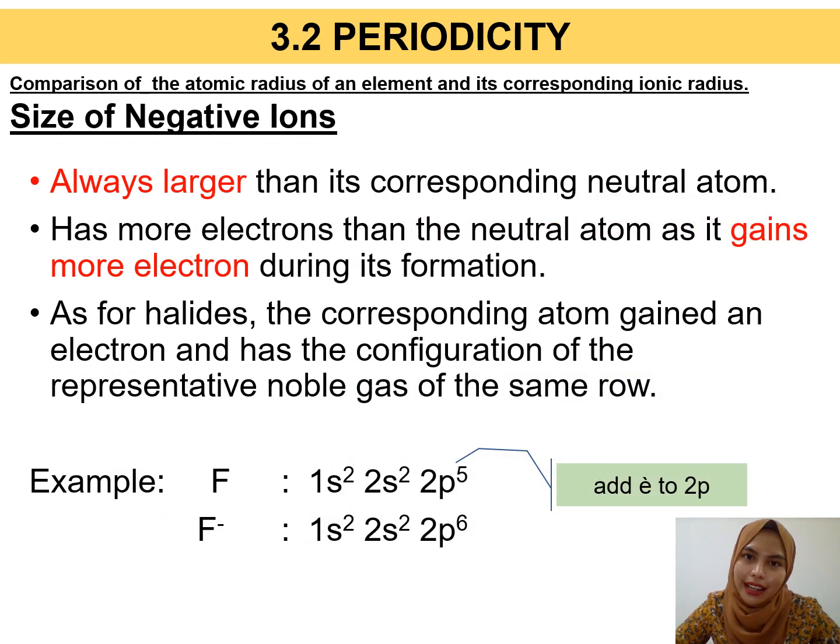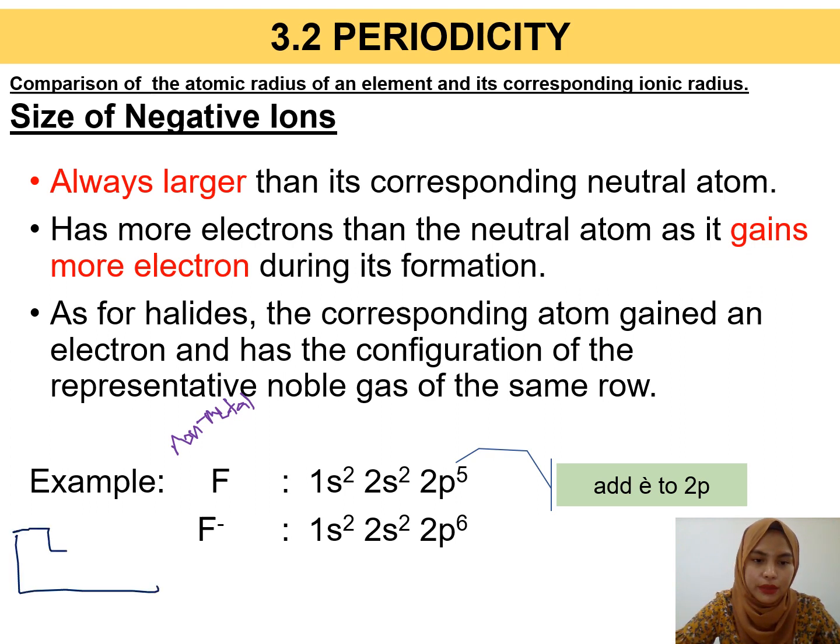Next, let us discuss the size of negative ions. Usually an atom becomes a negative ion because the element is a non-metal. In the periodic table of elements, where you have the S block, P block and D block, the S block and D block are mostly metallic elements.